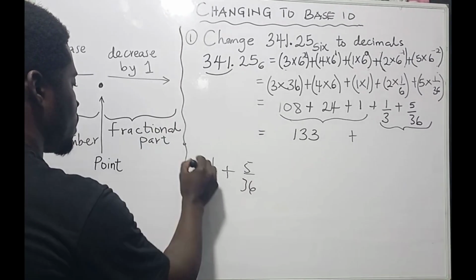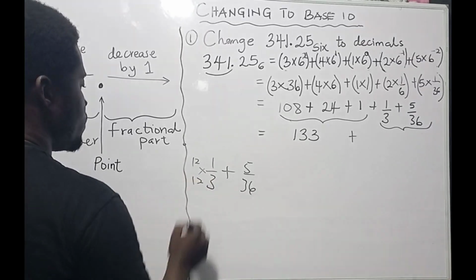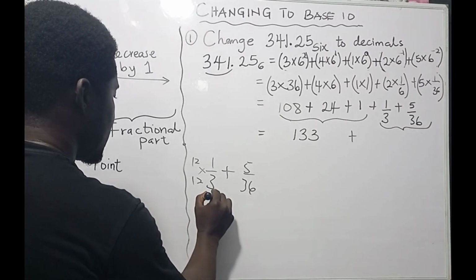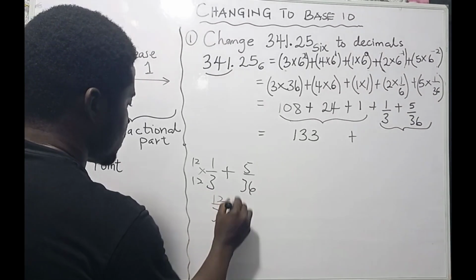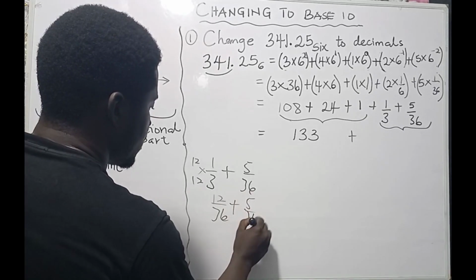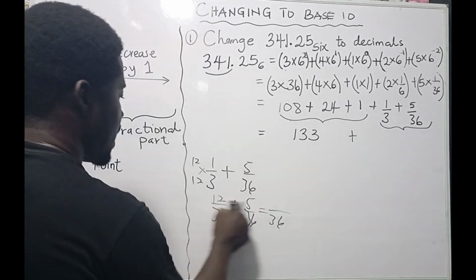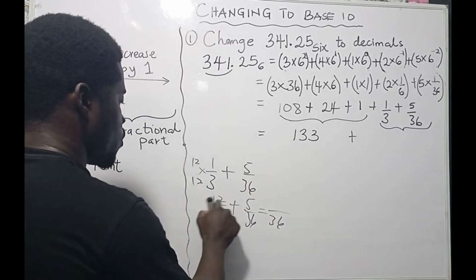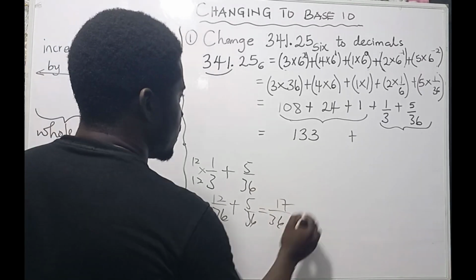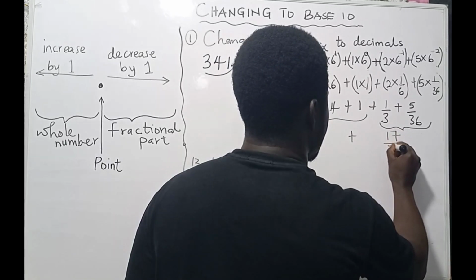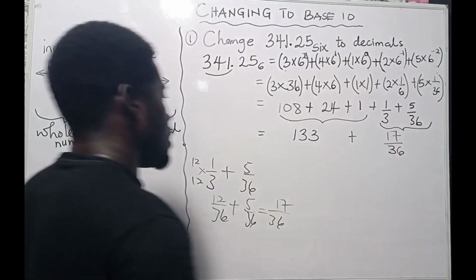We multiply this one by 12 and that one too by 12. It's just the same as multiplying by 1. We are having 12 over 36 plus 5 over 36. Since we have the same denominator, we can add their numerators. 12 plus 5 is 17. Now we are having 17 over 36.